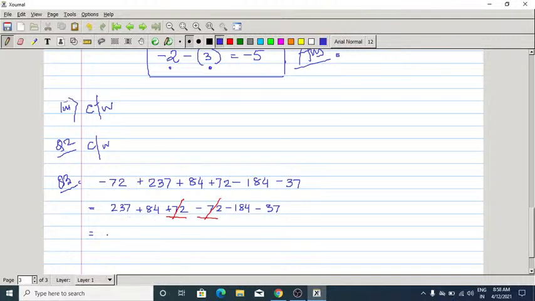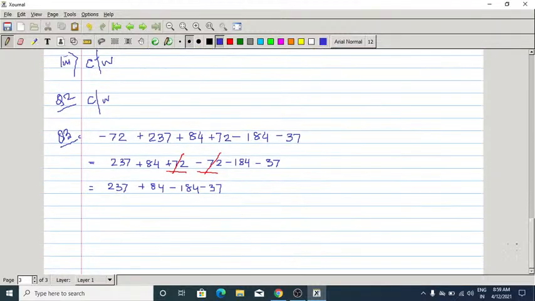So 273 plus 84 minus 184 minus 37. Now pay attention. I can add and subtract them, but you have to learn how to do your calculations in the minimum time. In a maths paper, you have to save your time and avoid mistakes and errors.